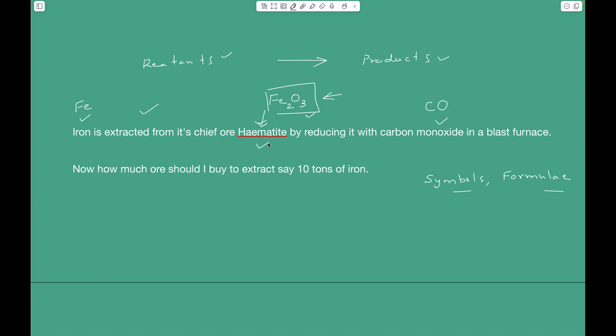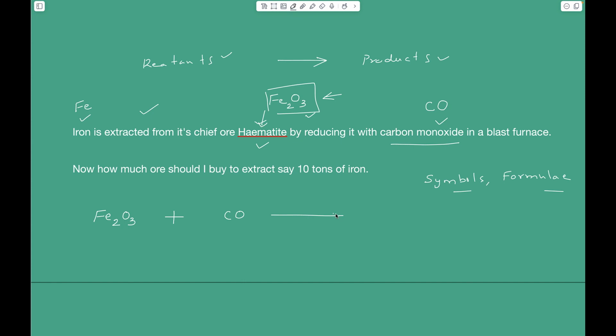Here, one of the reactants is hematite ore, that is ferric oxide, and if you want to represent it using its formula, that is Fe2O3. And the other reactant is carbon monoxide and its formula is CO. So let us represent carbon monoxide by its formula. To indicate that these two are reacting with one another, we show a plus sign between them.